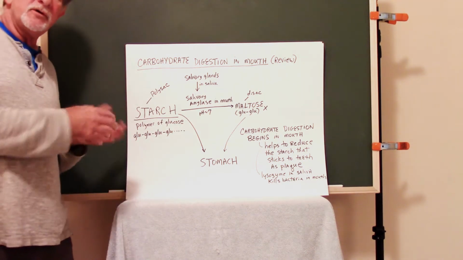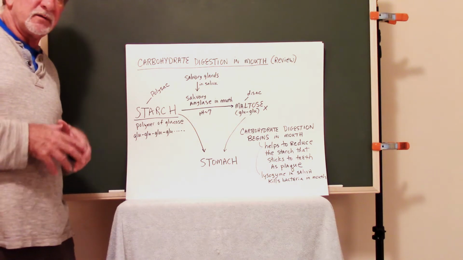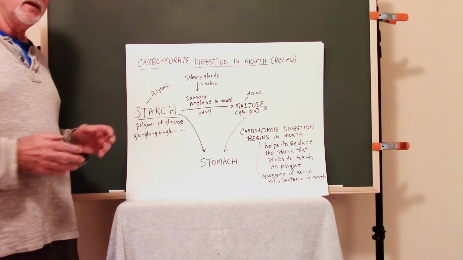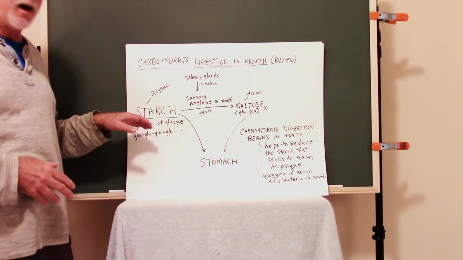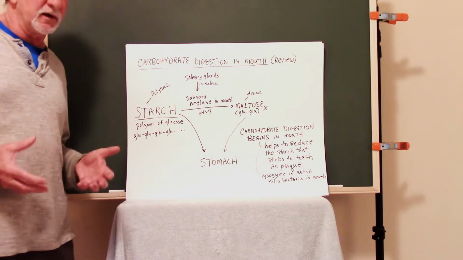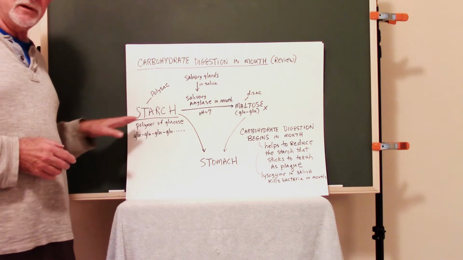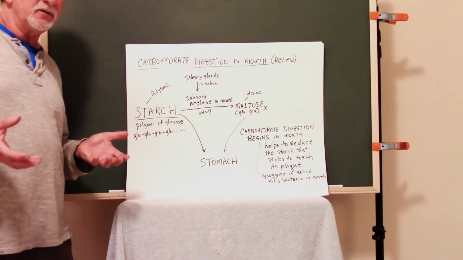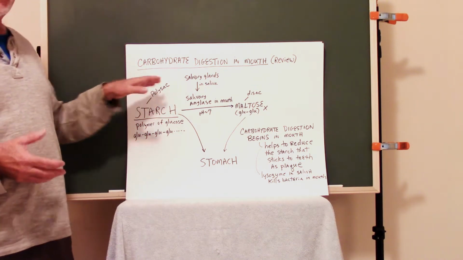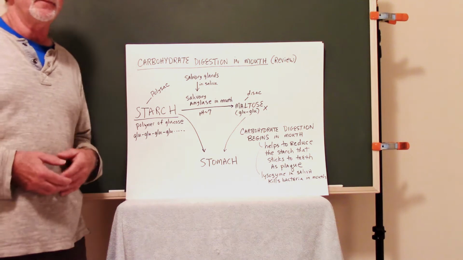And when you have a long chain of monomeric units, in this case monosaccharides, all bonded together, that's referred to as a polymer, because you have repeating units, in this case, of glucose. So starch is a polymer of many glucose molecules, thousands, and also known as a polysaccharide.